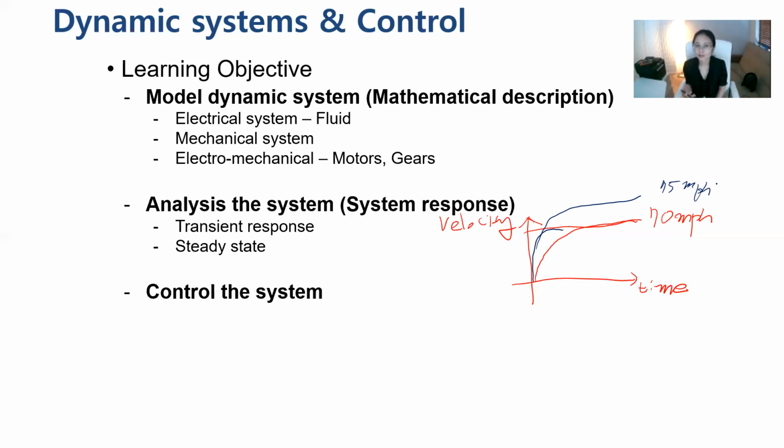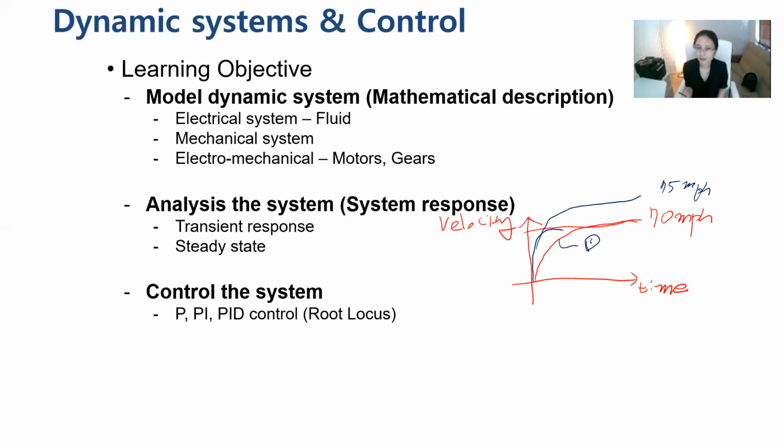So that's analyzing the system. And controlling the system means that, using linear control techniques for this course, such as a PI or PID controller, you can actually change the response. Let's say originally your system response is similar to this one.